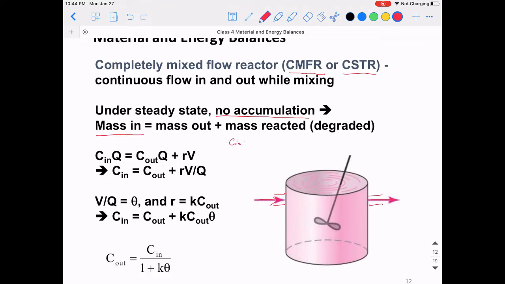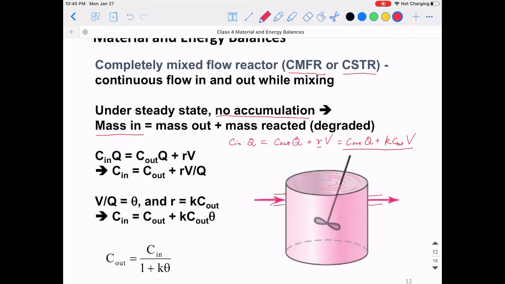The mass in is C in multiplied by Q, and the mass out is C tank, or we can write it as C out multiplied by Q, plus R multiplied by V. Further, we know that R is equal to Kc, so it is C out Q plus Kc multiplied by V. Since this is a completely mixed reactor, the concentration within this tank is equal to the concentration of the outflow.